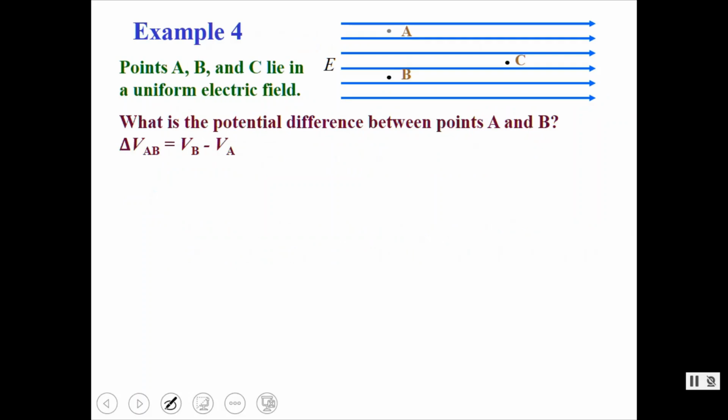So here's an example. We have points A, B, and C, and we want to know what is the potential difference between points A and B. So potential difference would be delta V. You're looking at the difference in potential. So VB minus VA, because when you're looking at the potential from A to B, you're actually doing the math from B to A. B minus A, end minus start.